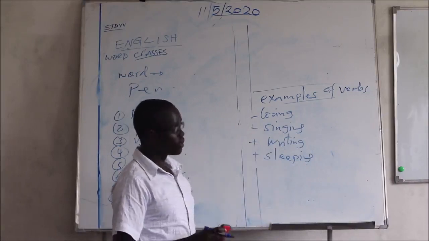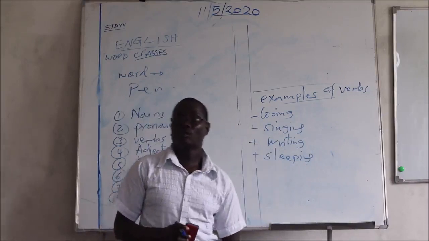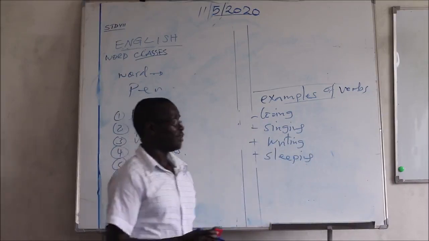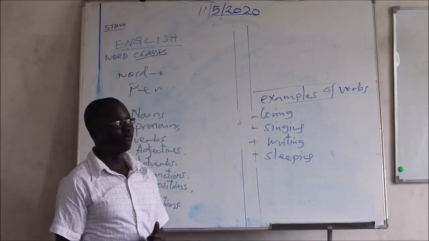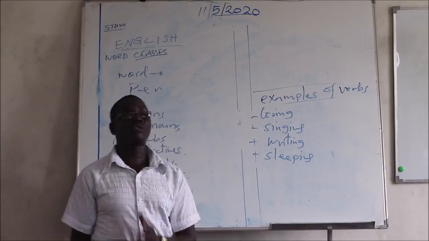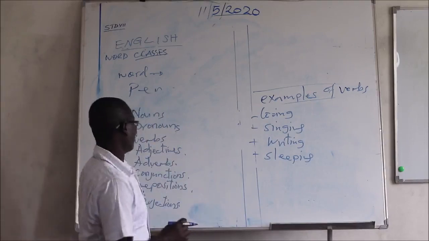These are examples of actions that we normally perform. Now, a verb is a doing word, and the reason we call it a doing word is that it shows actions that we normally perform.